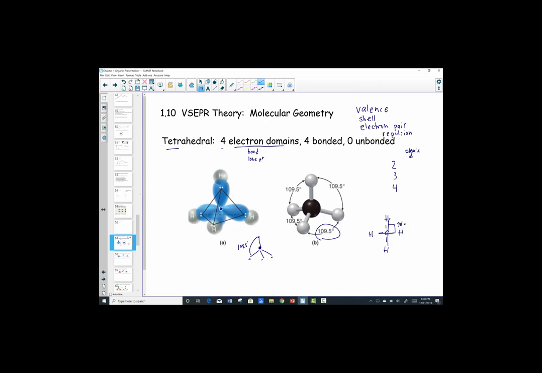So a tetrahedral molecular geometry is where we have 4 electron domains all bonded to another atom. Carbon tetrachloride, CCl4, would be another example, where the central atom has 4 electron domains in which all 4 are bonded, 0 are unbonded. 4, 4, 0 is how you would read your VSEPR chart, finding it as tetrahedral in shape.